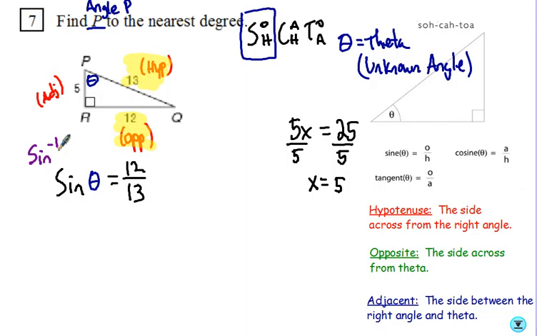Those two things, sine to the negative 1 and regular sine, cancel each other out, and then I'm just left with theta. But what I do to one side, I have to do to the other side. So what does that look like?